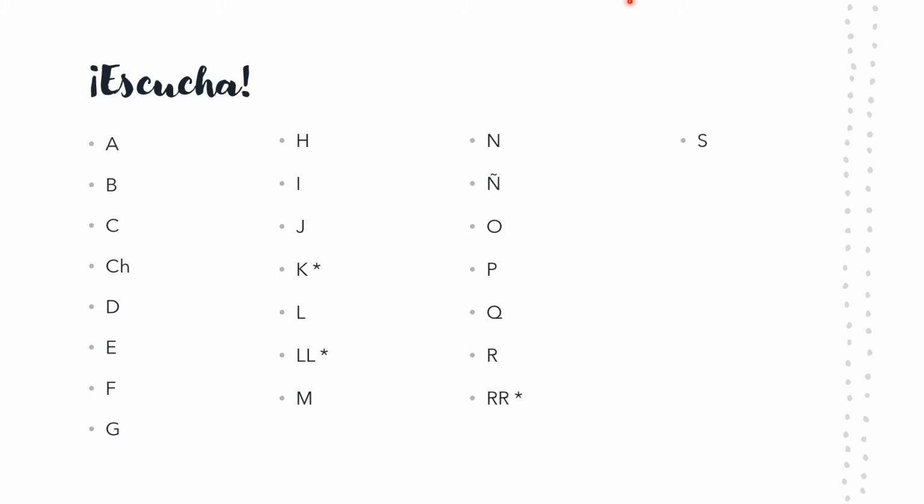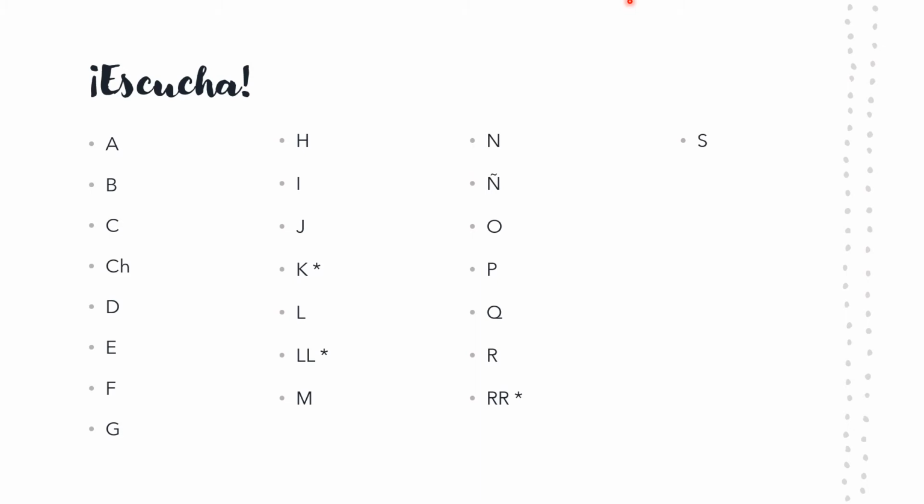R. This is another one. Like I said, this is just like the LL next to each other. This is a letter that's been taken out of the official alphabet, but I have gone ahead and incorporated it here because this is the time you roll your R, or if the word starts with an R. So if a word starts with an R, or you see this double R inside of a word, that's when you're going to roll your R. You do not roll every single R in the Spanish language.